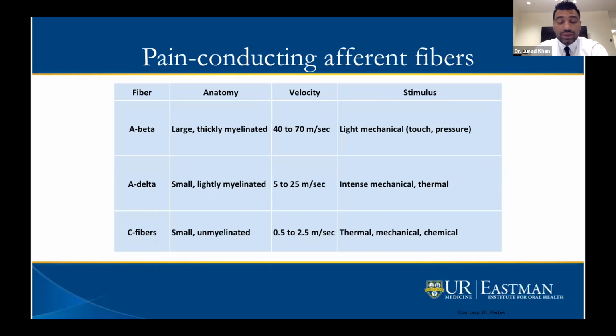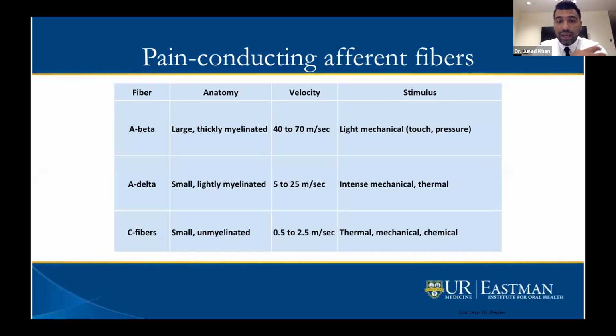A delta fibers are smaller than A beta. They are less myelinated, and they carry the information of intense mechanical and thermal stimulation. C fibers are small and unmyelinated. They're deep down, and these are very slow transmitting fibers, and they're usually responsible for that dull chronic background pain that somebody is experiencing.